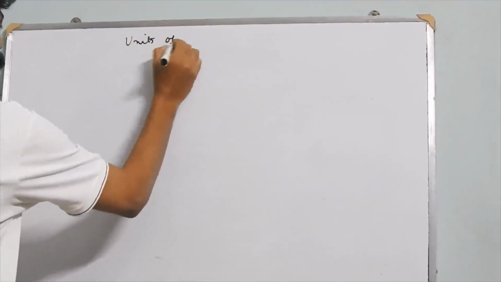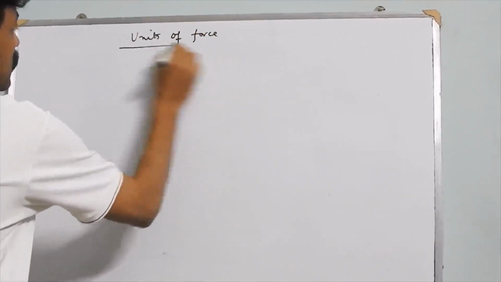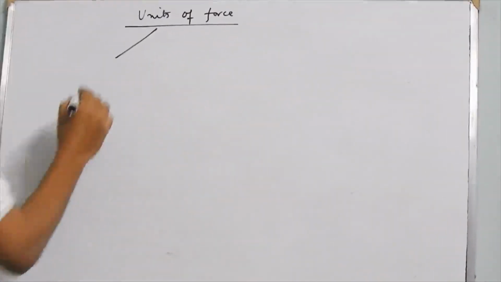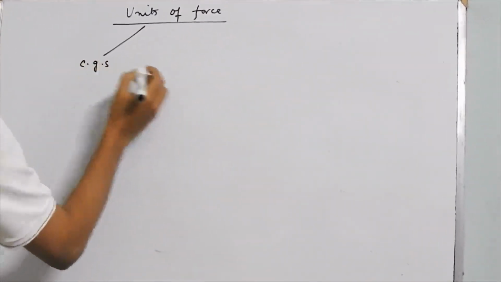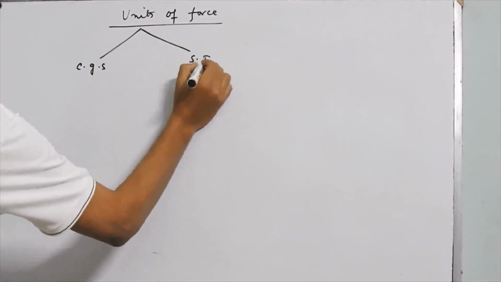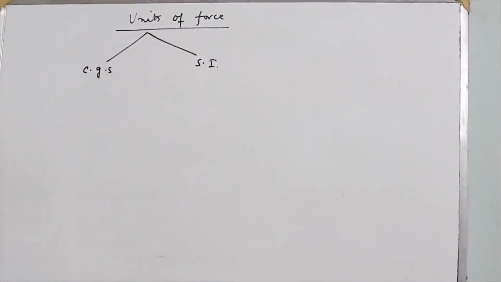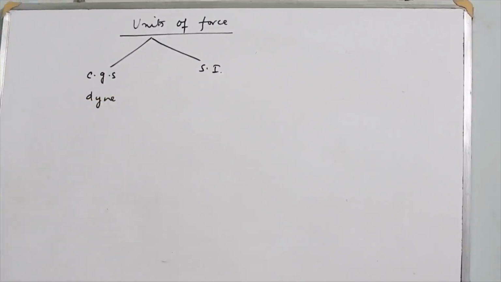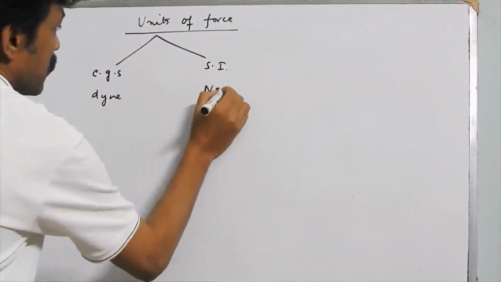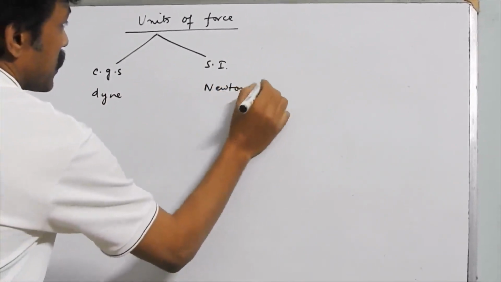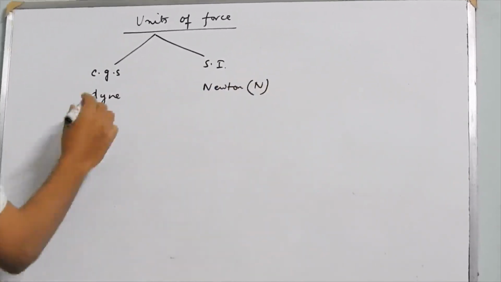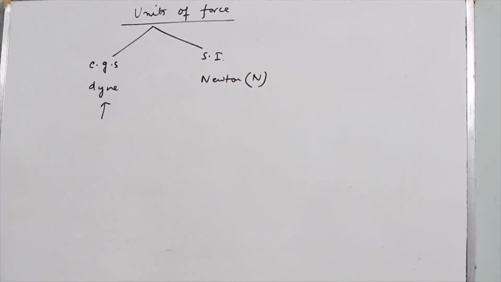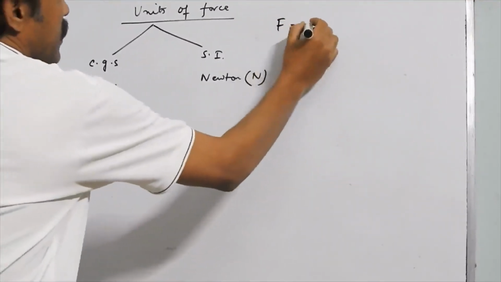Units of force. So units of force are either CGS unit or SI unit. In CGS unit, the unit of force is dyne and the SI unit of force is Newton, which is just written as N. Now, you know the relationship force equal to mass into acceleration.